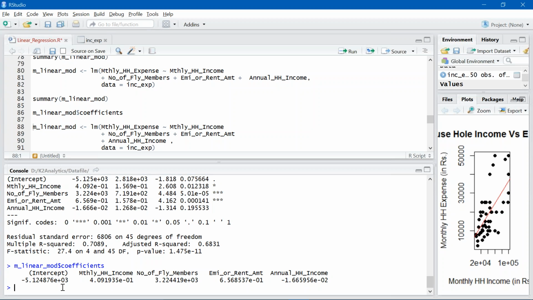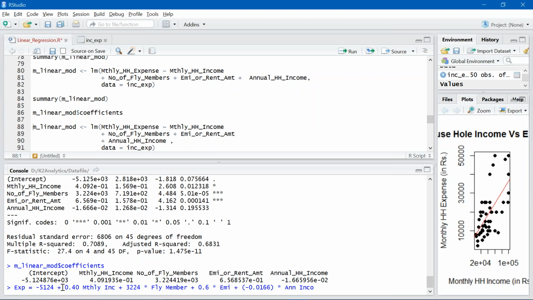These intercepts and betas are saying expense is equal to minus 5124 something, plus 0.40 times monthly income, plus 3224 times family members, plus 0.6 times EMI, minus 0.0166 times annual income. This is the equation.